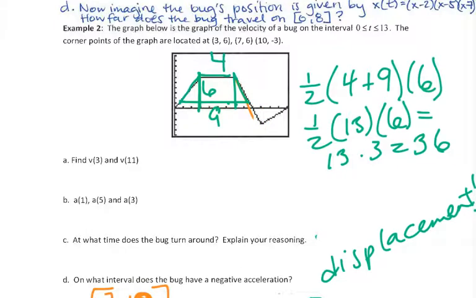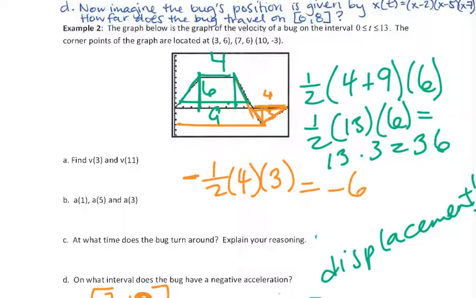Now let's see what the area is for this triangle. It goes 1, 2, 3, 4, so 4, and has a height of 3. So that area is 1/2 base times height. And it's below the x-axis, so it's going to be negative. So this ends up being -6.